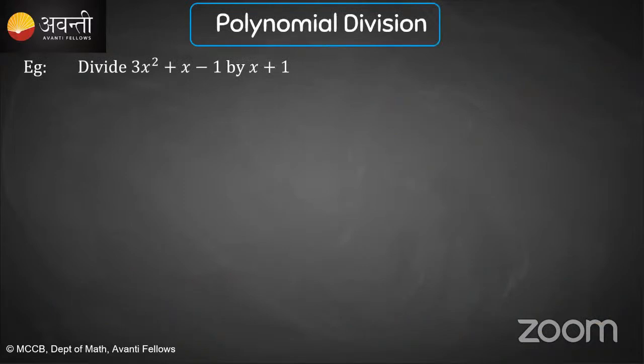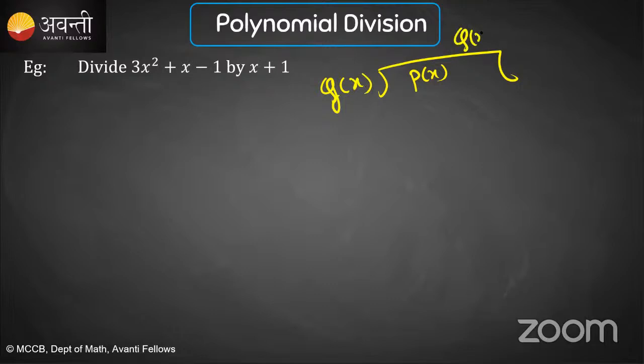See, you know that if there is, let's say, p of x divided by g of x, and when you divide you get q of x and some remainder r of x, right? Yes or no? Everyone knows this, right?